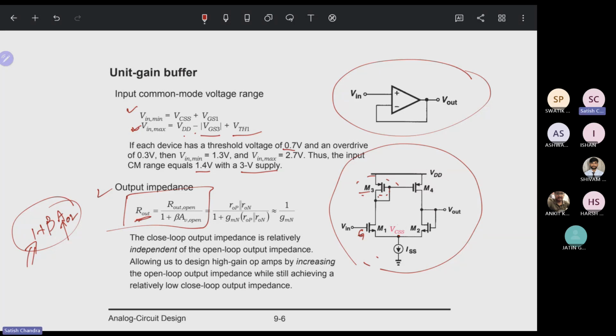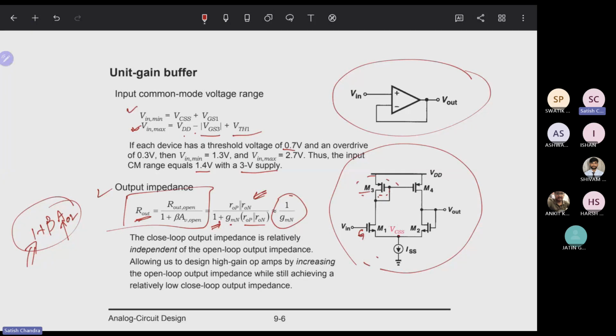If I calculate this part, as we have already seen in the previous slide, the output resistance is ROP parallel to RON, divided by 1 plus gm times ROP parallel RON. This is a very minimum value.